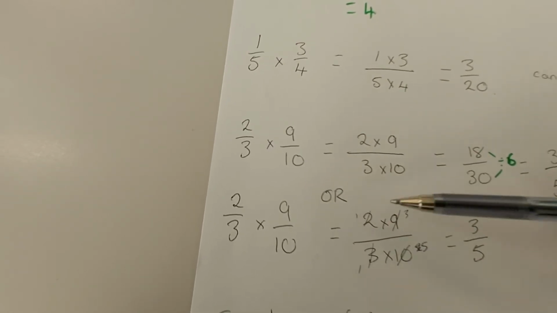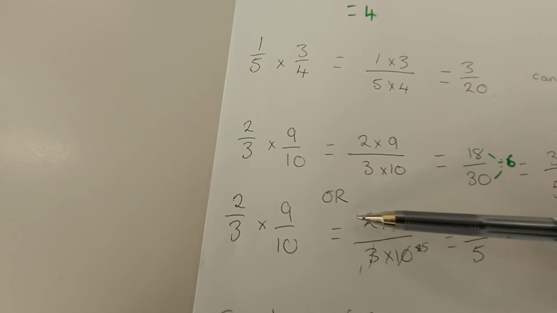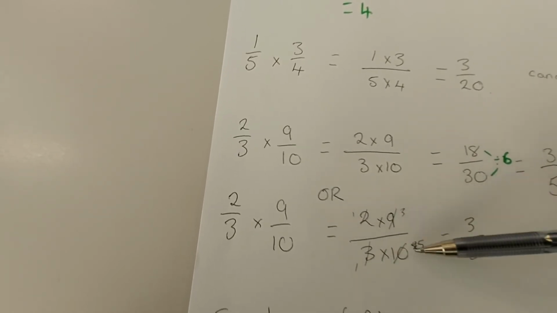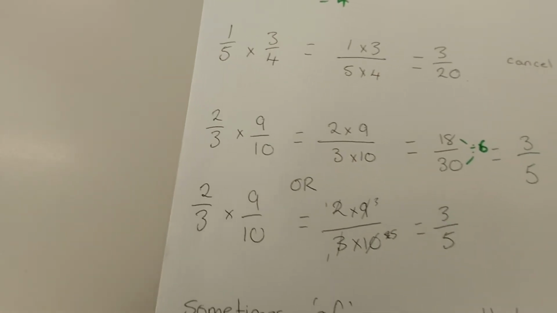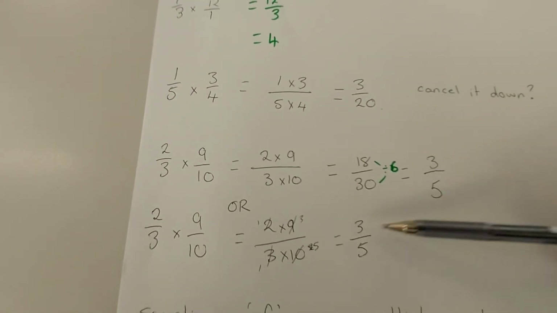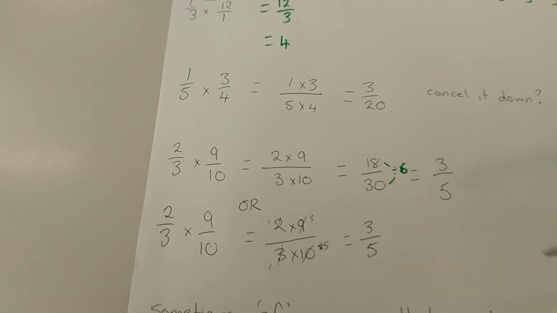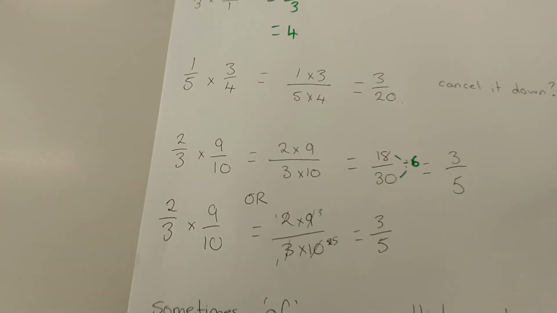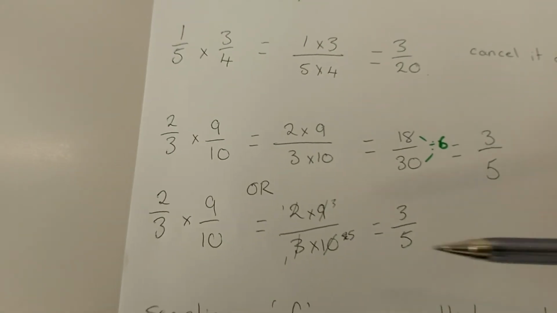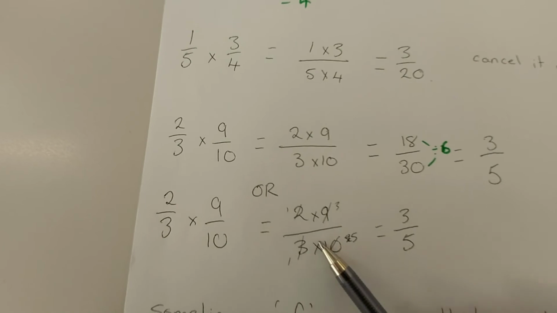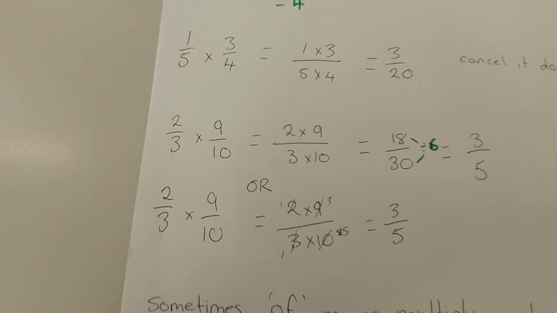So now I can say, instead of 2 times 9, I can say 1 times 3 gives me 3, and 1 times 5 gives me 5. Now you can see I've got the exact same answer, but here I've done my cancelling down at the end, here I've done my cancelling down at the start. Some people really panic when they see this and they don't like it. Some people are very familiar with it.